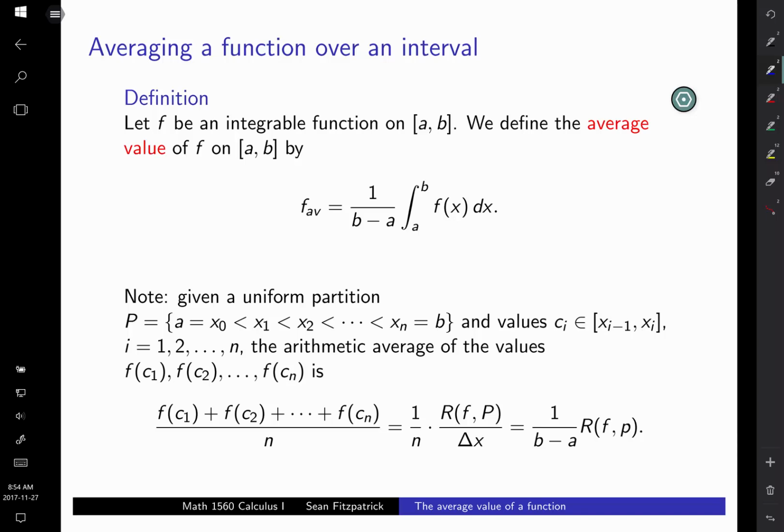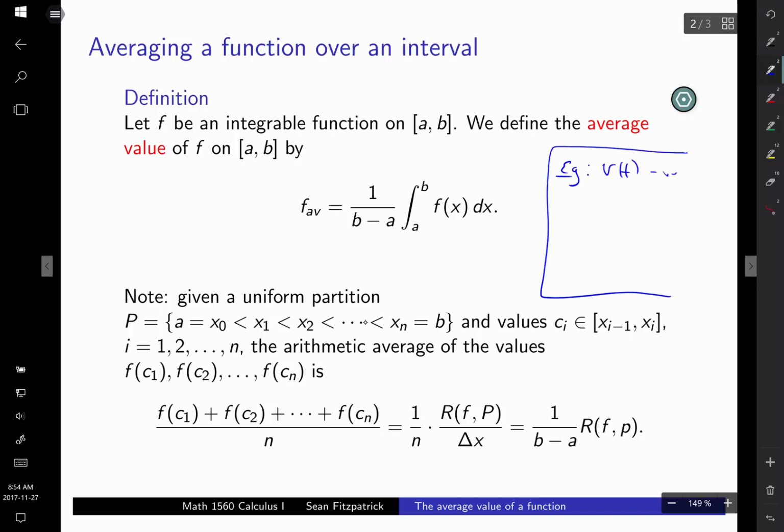Okay, and so this is, the best way to think about this and realize that it makes sense is if we're thinking about something like, say, v of t being velocity or speed, with t between two times, say t0 and t1.